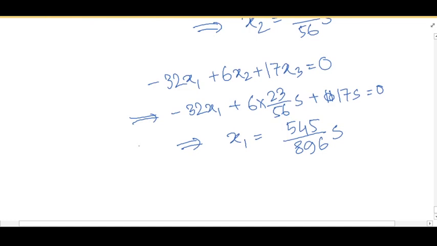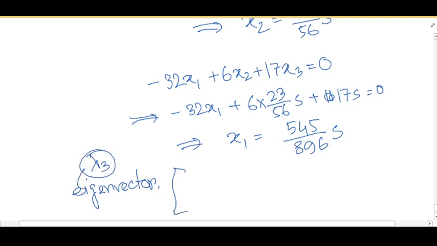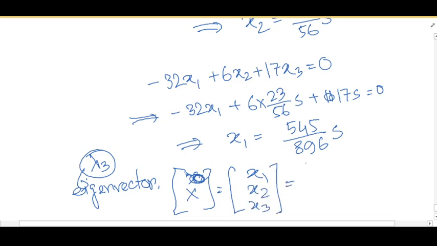This will be the value, and so the corresponding eigenvector of this one, we can write x1, x2, x3 equals s, first 545 by 896 s and 23 by 56 s.